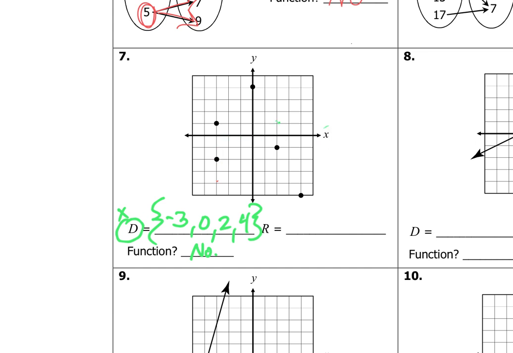Okay, so let's have a quick look at our y values. Okay, so we're going to look at range. And remember, again, we're going to go from the lowest value to the highest value.